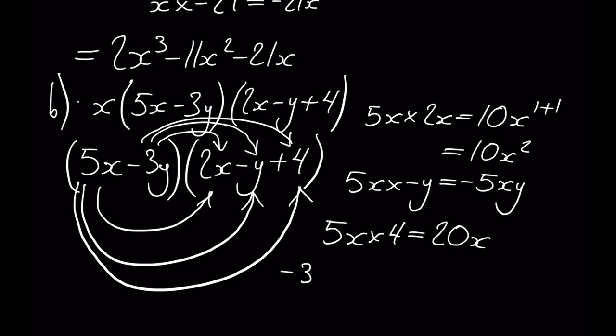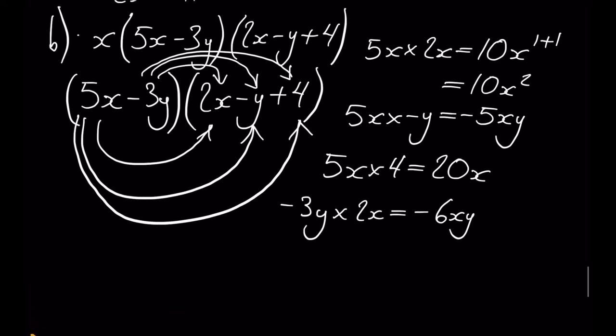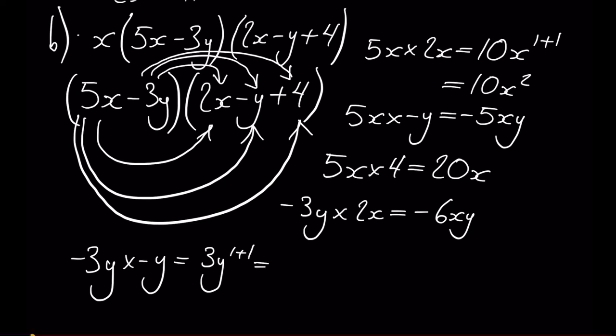Then minus 3y times 2x is equal to minus 6xy, since x times y is xy, and minus 3 times 2 is minus 6. Minus 3y times minus y is equal to 3y squared, because a negative times a negative gives a positive.